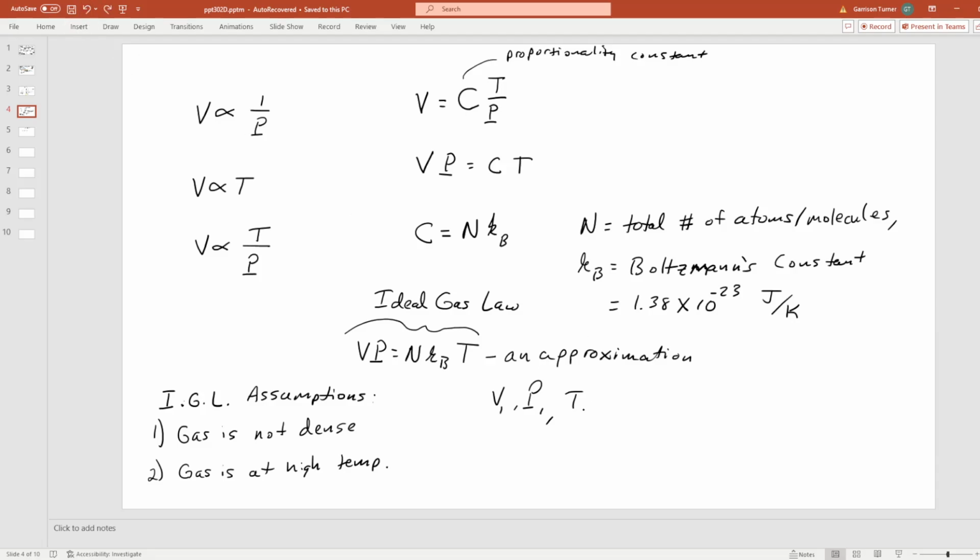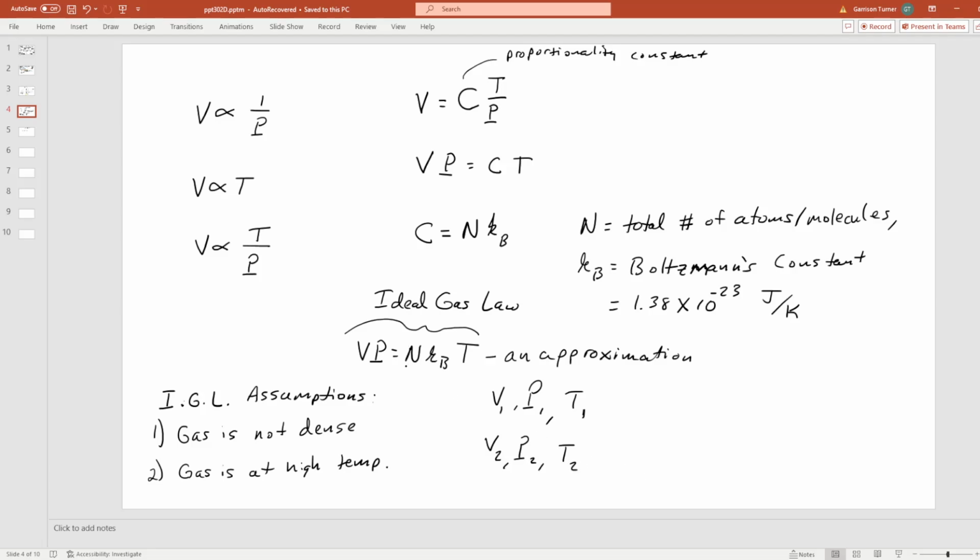After I change some property, typically the temperature because that's the easiest to control, you measure how the pressure and volume respond. You would have a new volume, a new pressure, and a new temperature.